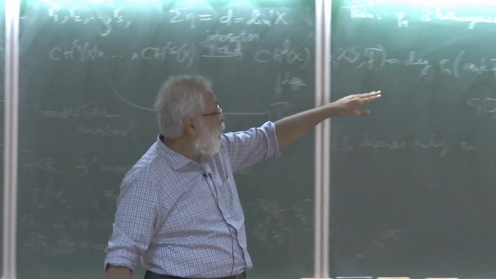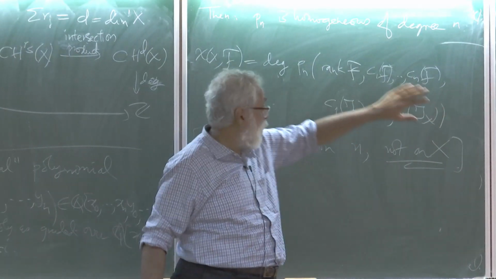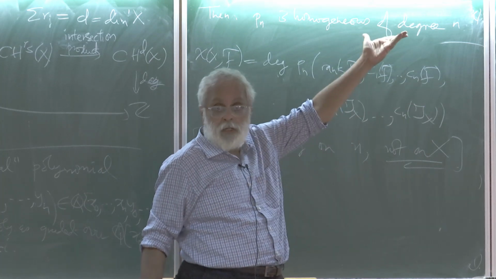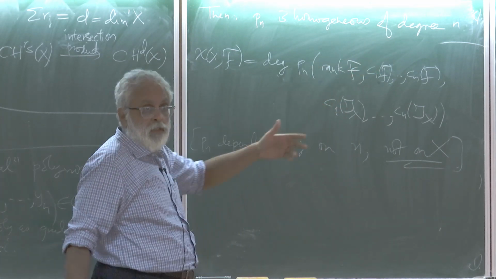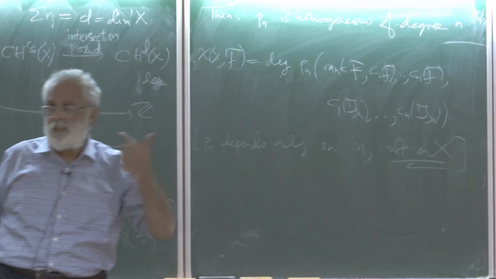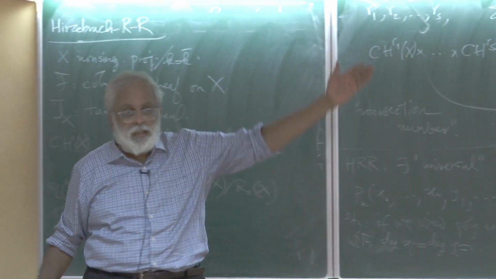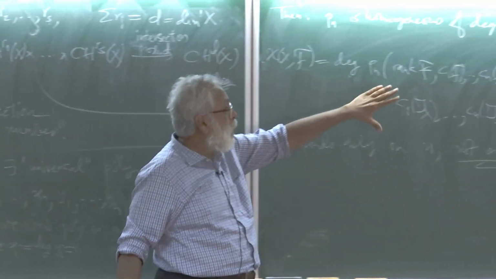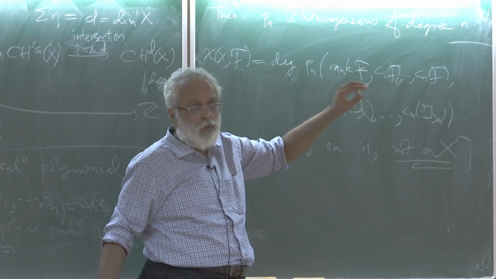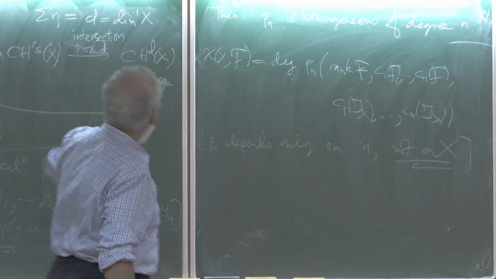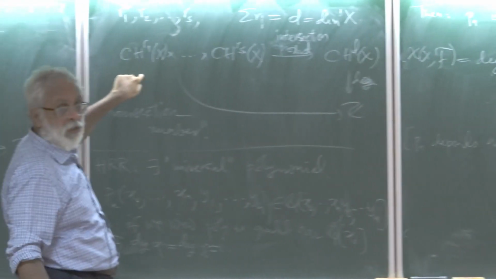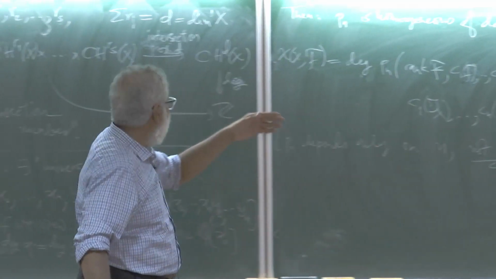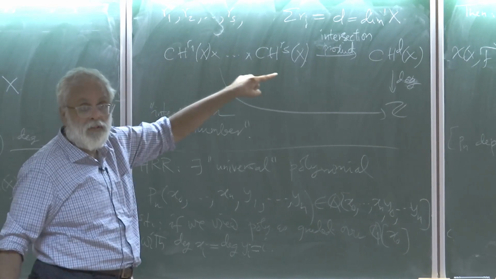So now if you look at an expression of this kind, rank F is just an integer. C1 F up to Cn F lie in the particular Chow groups. So I think of the Chow ring as something graded, the weights correspond to the degree of the corresponding Chow group. If I take a monomial in these things which has degree n, that's exactly something like this. If I evaluate that monomial by giving values to the variables as the Chern classes, that's exactly computing some intersection like this.